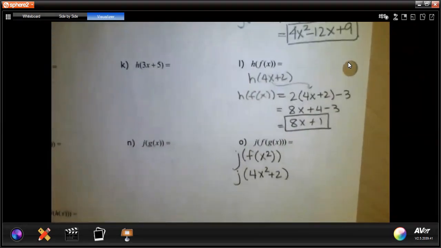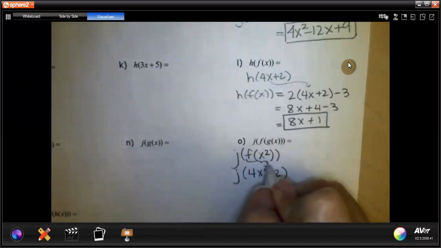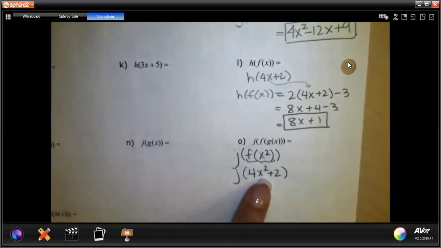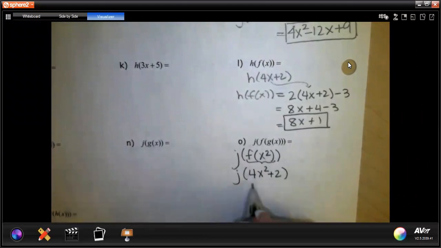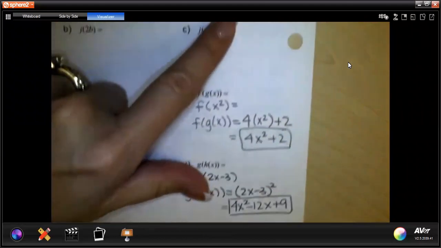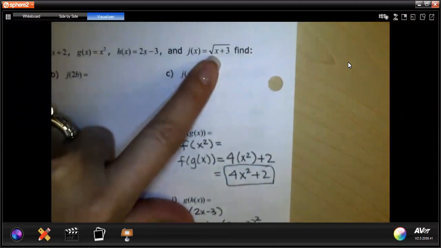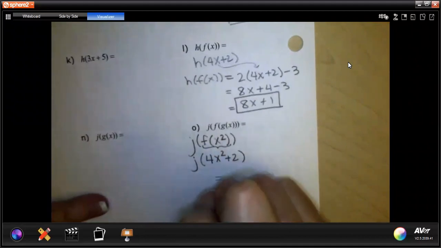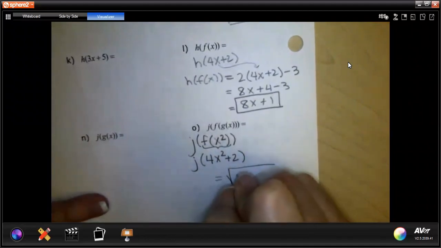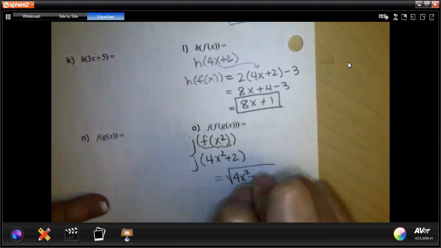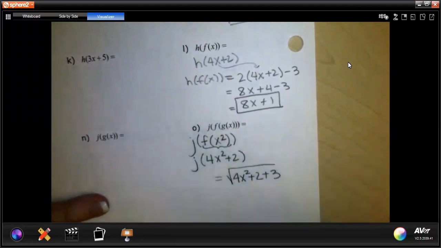So all of this right here became this part right here. And then we do the substitution one last time, and this becomes the x in the j function. And so our j function is this square root of x plus 3. So I get the square root of 4x squared plus 2, plus 3.